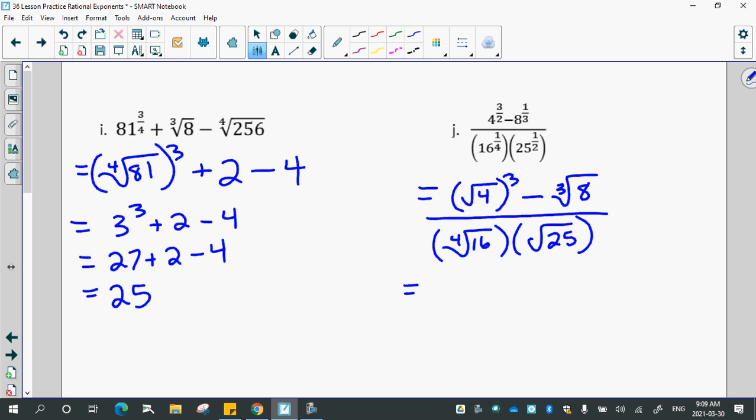So square root of 4 is 2 cubed minus 2. The third root of 8 is 2.